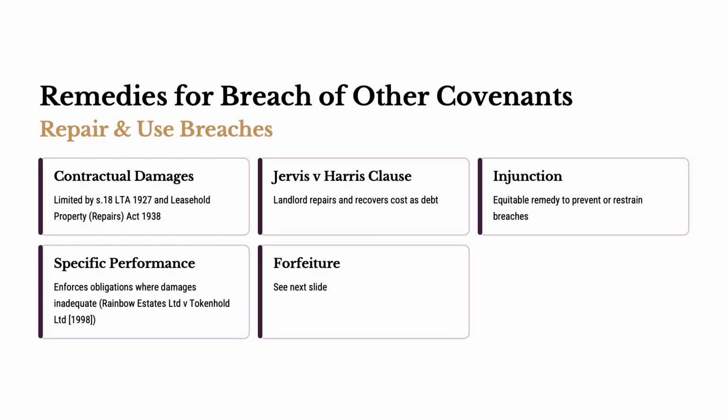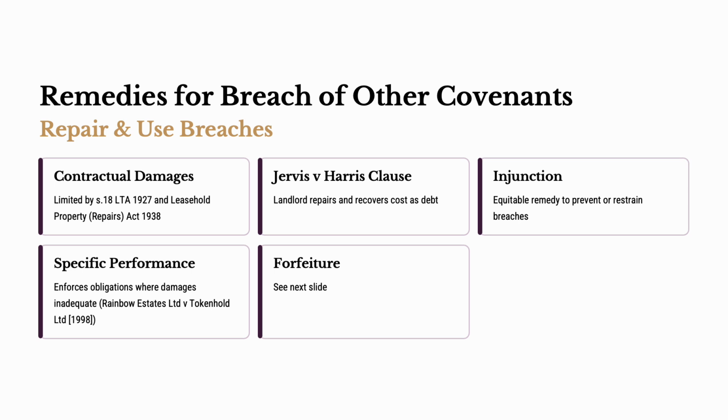So, other remedies that we got here: breaches of covenant other than rent, such as repair obligation or use restriction, have different remedies available. Like contractual damages, compensate landlords for loss caused by breach.